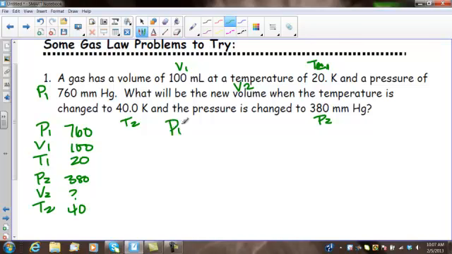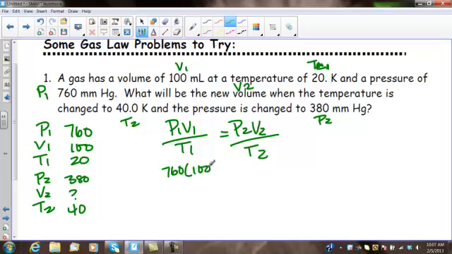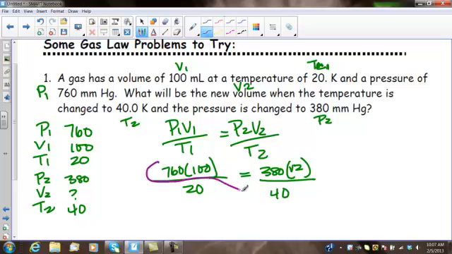Set up my formula. Substitute in. So I've got 760 times 100 over 20 equals 380 times V2 over 40. Cross multiply and divide.